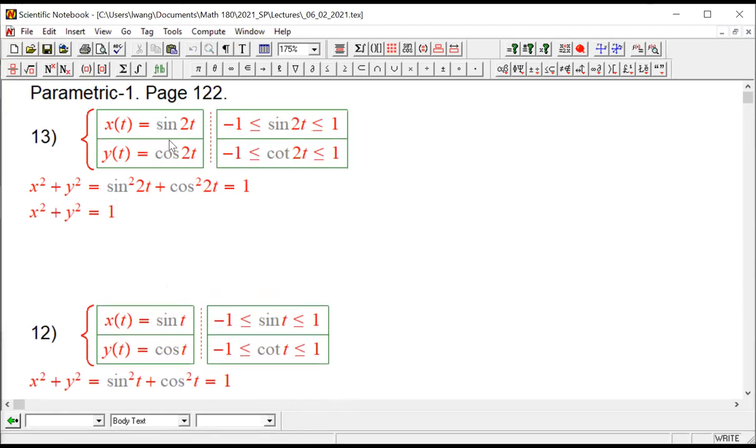But this unit circle and the next unit circle, what's the difference? In the consideration of the parameter t, if t is a time, what difference does it make?